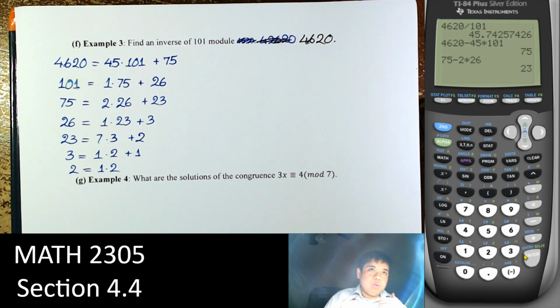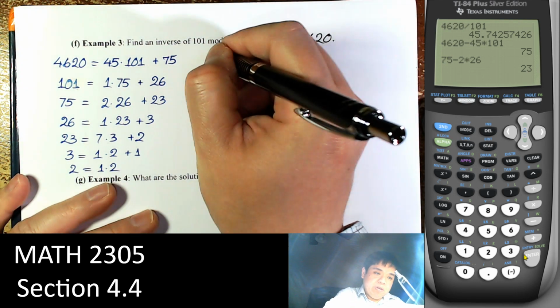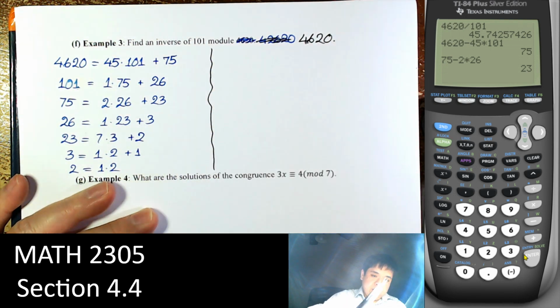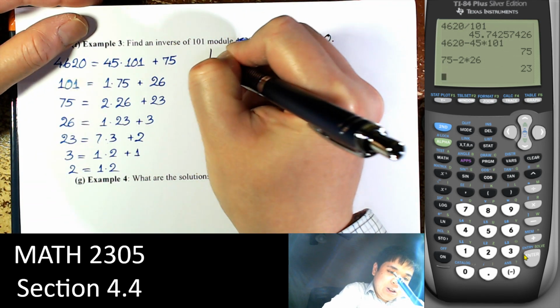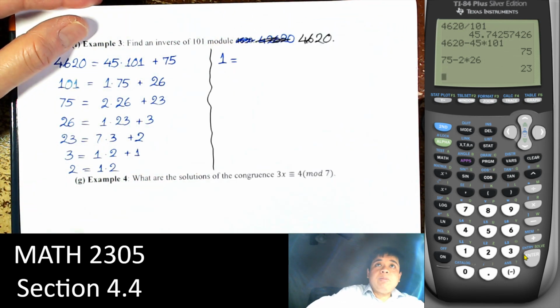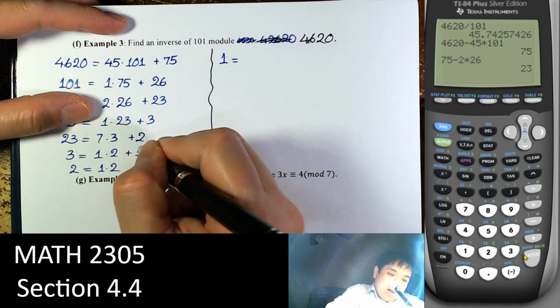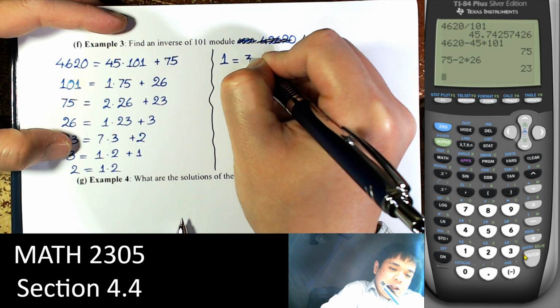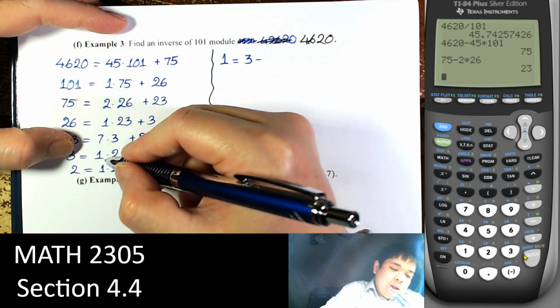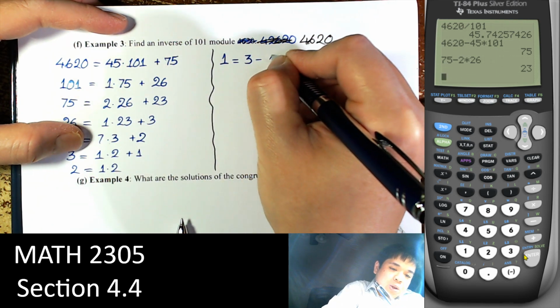Now what we're going to do is write this in reverse and try to find the Bezout coefficient. We start with 1. In reverse, from this we can just say 1 is 3 minus 1 times 2.